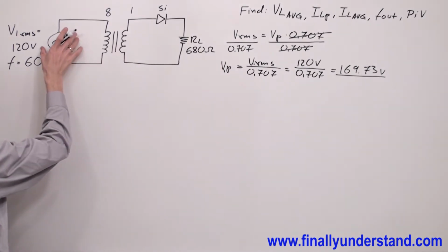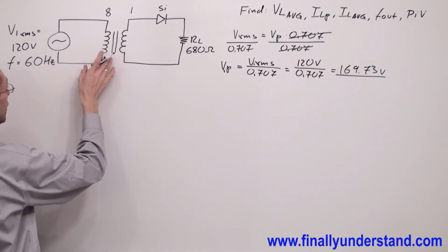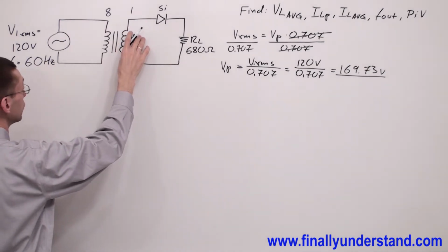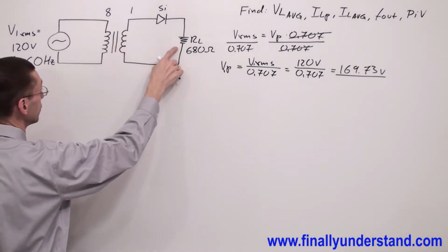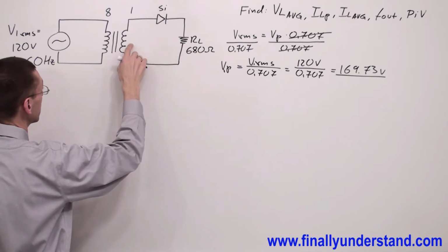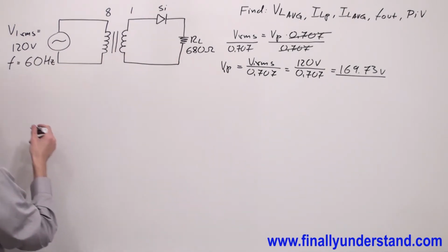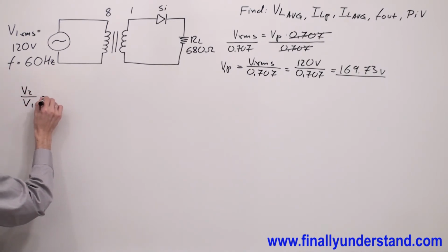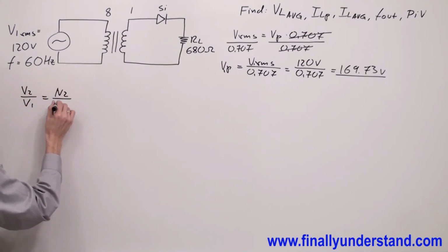This is this voltage, but I have a transformer. I have to check what my secondary voltage is, because I have to find the voltage across the load. So if I want to find the secondary voltage, I have to use the formula for a transformer, which says V2 over V1 is equal to N2 over N1.